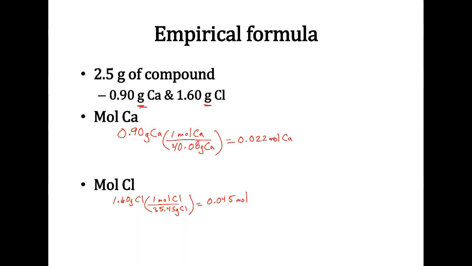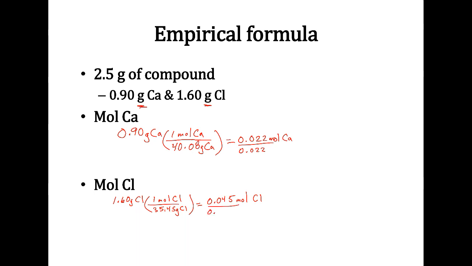So now it's time to divide by small. Which one of these is the smallest? Well, 0.022 is in fact smaller than 0.045 moles. So what we'll do is we'll go through and divide by 0.022.